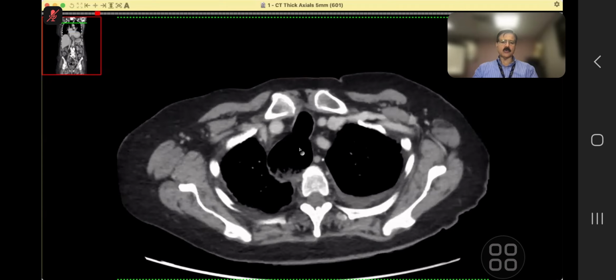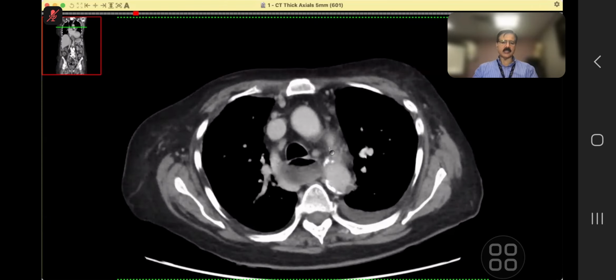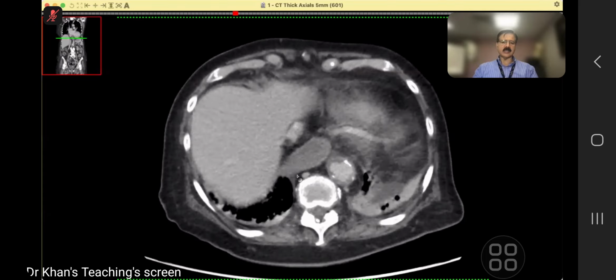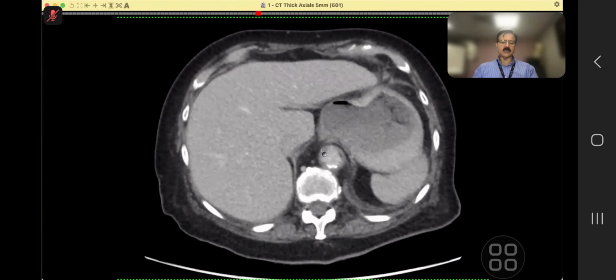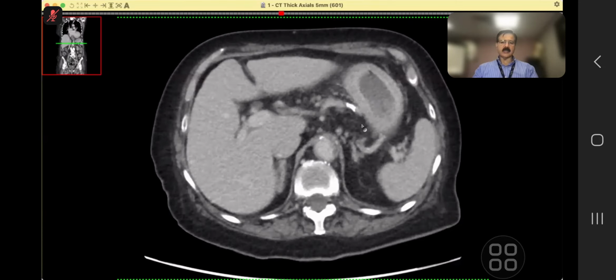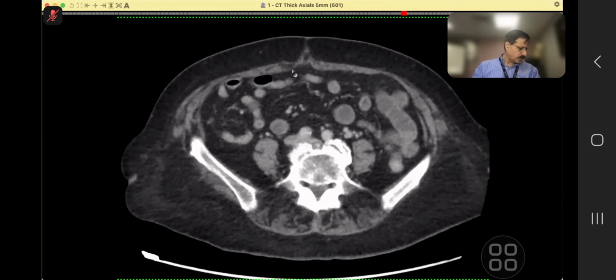And one thing which I want to point out is that achalasia is usually a young age group thing. So this was not a young age group. And we can see that this is dilated, tortuous, and goes all the way to the stomach. And then we can see the picture of linitis. Okay, well done.